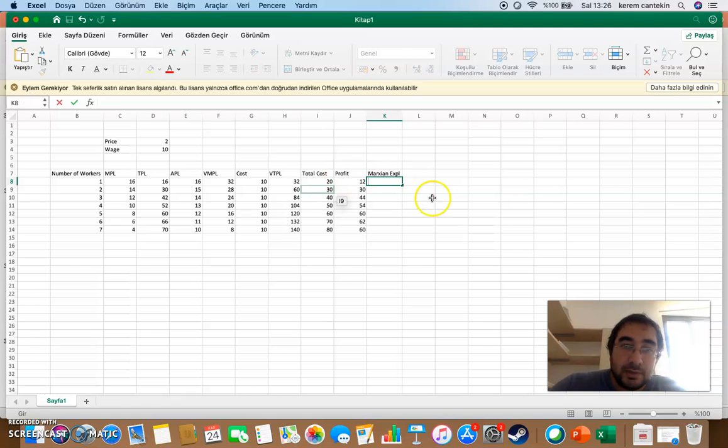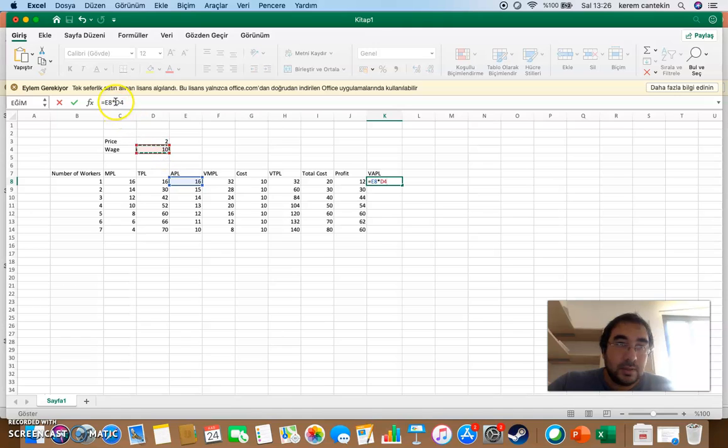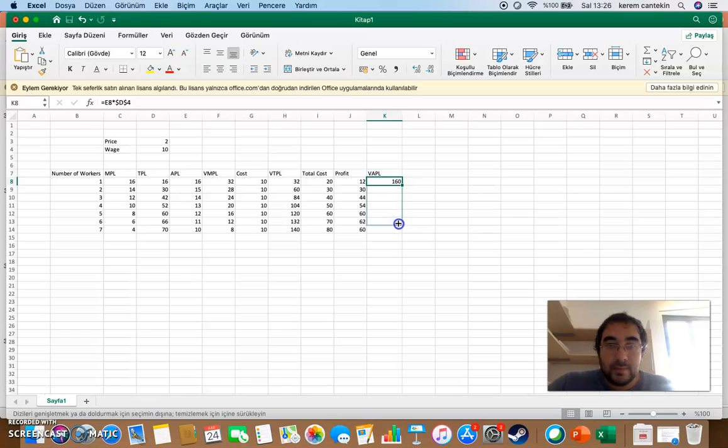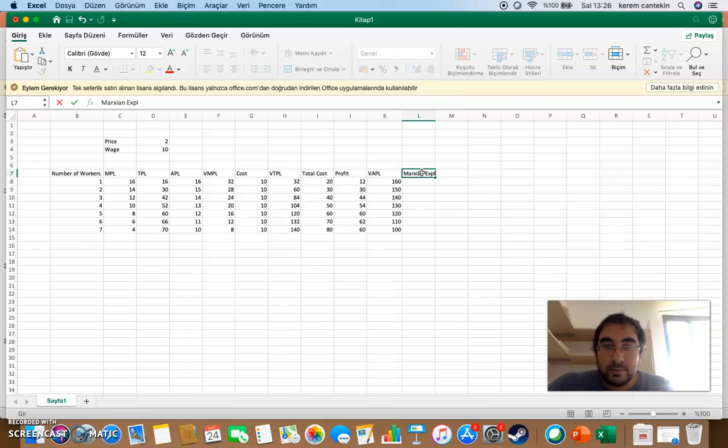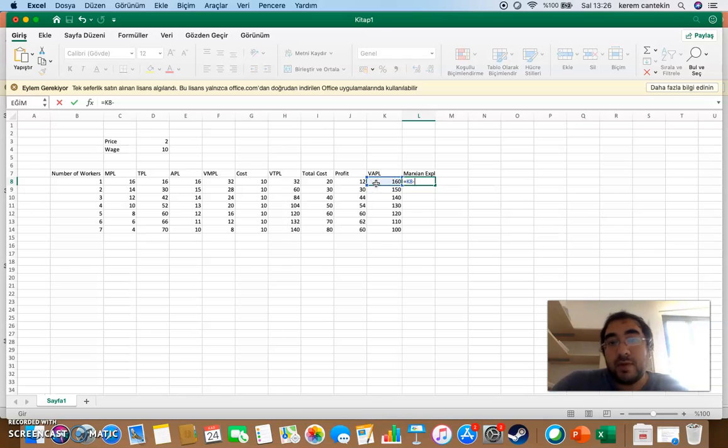Let me just calculate that also, just to be exact. This times this. And Marxian exploitation is the value of marginal product of labor, so all values created by the labor.